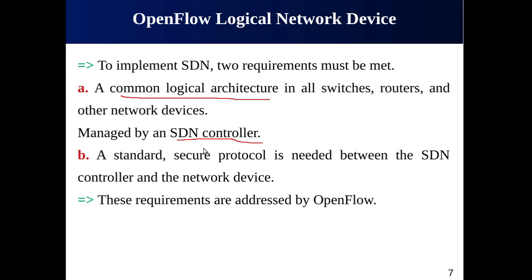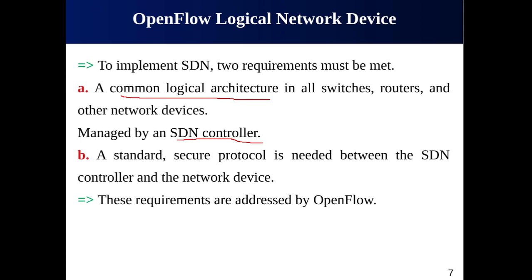The second requirement is that we need a standard as well as secure protocol, because we are talking about communication and that is not possible without the help of a protocol. So we need a protocol between the SDN controller and the network device, and that protocol is actually the OpenFlow protocol.